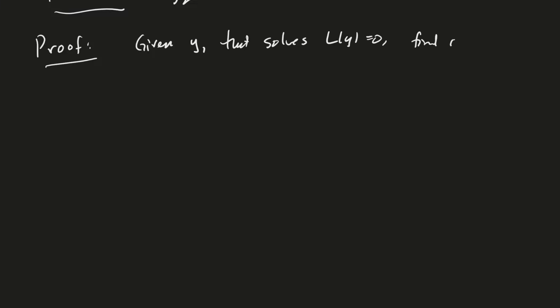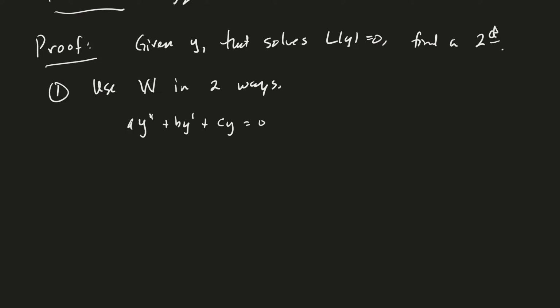Find a second. This may sound familiar because method 1 is to use the Wronskian in two ways. Do you remember that? So how did that go? So I'm just going to briefly describe that one. We used Abel's theorem with the differential equation to compute the Wronskian in one way, and so remember to divide by a first.